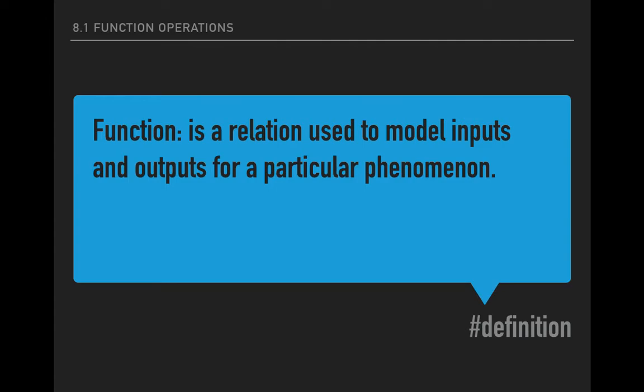A function is just a relation used to model inputs and outputs for a particular phenomenon. So it's a mathematical way of expressing something that we see in nature or we're recognizing in a particular situation.